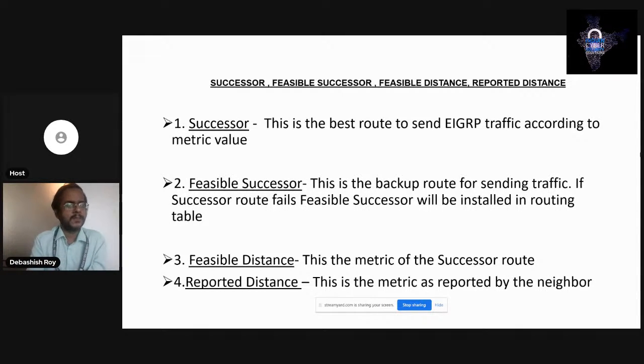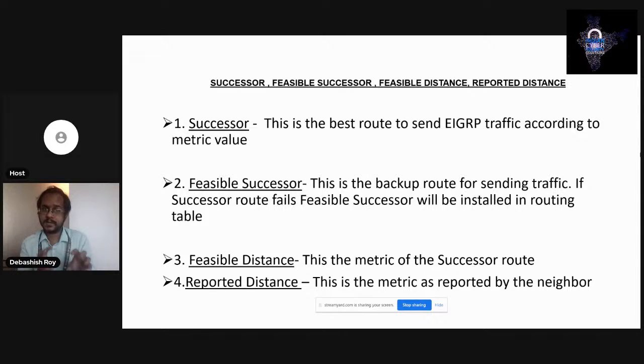Which is the feasible successor? Feasible successor is a backup route or the secondary route, a redundant route for sending traffic. So if the successor route is up, the feasible successor will never be used. As long as the successor route is there, the feasible successor will never be used.